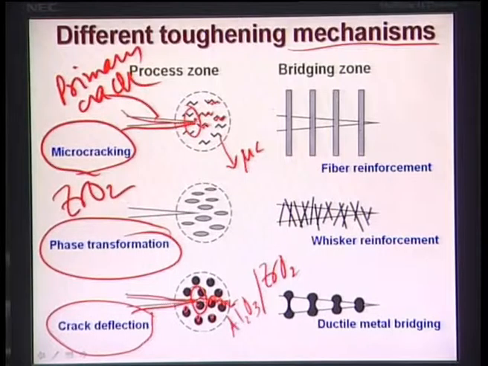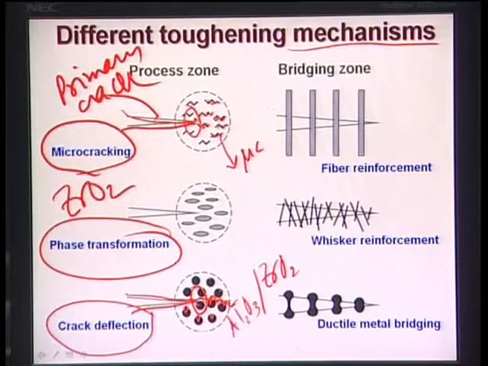The stress will be transferred to the microcrack, and in this crack tip stress field, microcracks also will try to propagate. And if microcracks try to propagate, then what will happen? A lot of energy will be consumed from the crack tip stress field in the propagation of the microcracks, and if the microcracks propagate, then the primary crack growth also will be reduced, because there is not much energy available for the propagation of the primary crack tip.